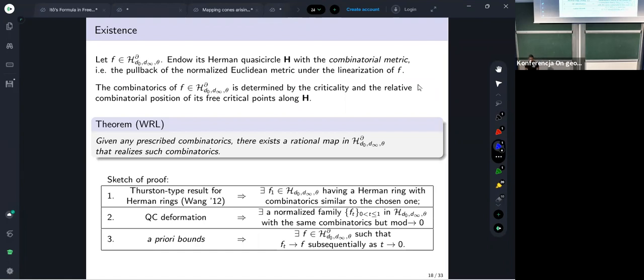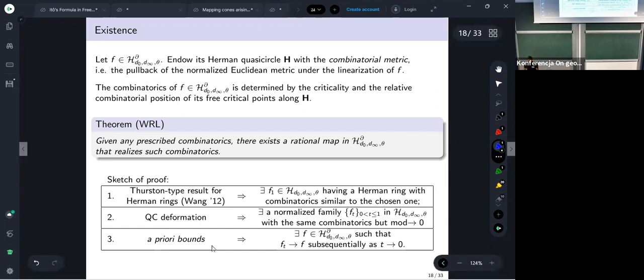And then from this F1, I can perform quasi-conformal deformation. I would like to get the modulus to be as close to 0 as possible. So formally speaking, I can get a normalized family, say FT, with the same combinatorics, but the modulus of the Herman rings goes to 0.